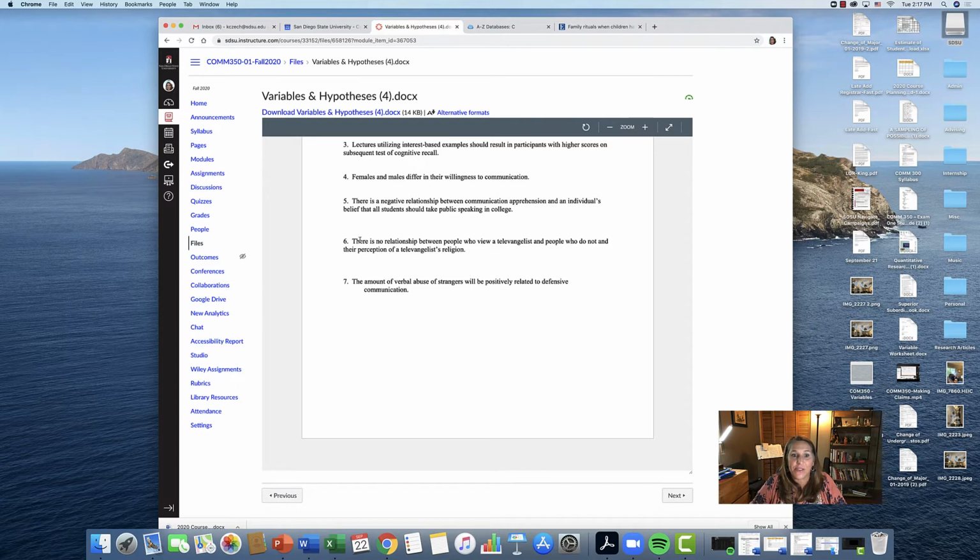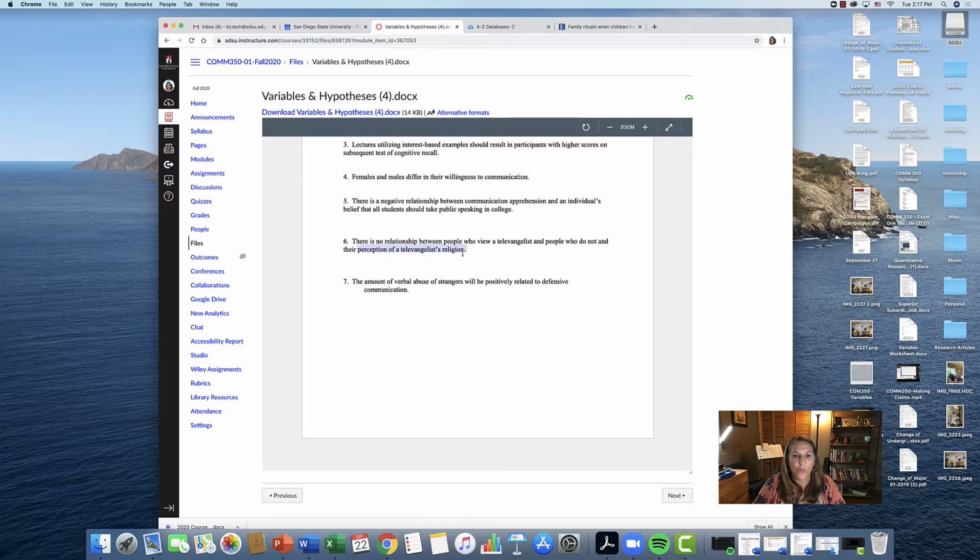Number 6 says there is no relationship between people who view a televangelist and people who do not, and their perception of a TV evangelist's religion. Okay, what am I trying to find out? I'm trying to find out what affects one's perception of a TV evangelist's religion.